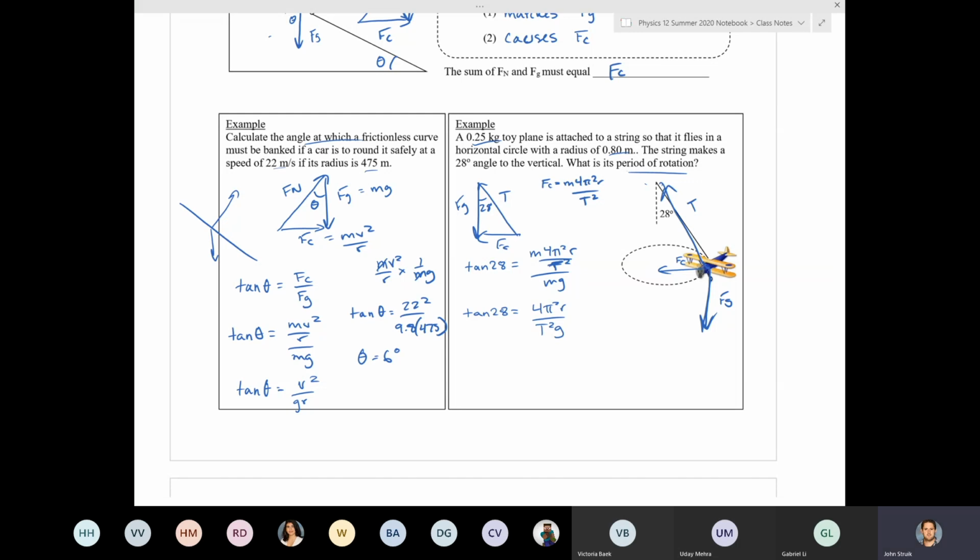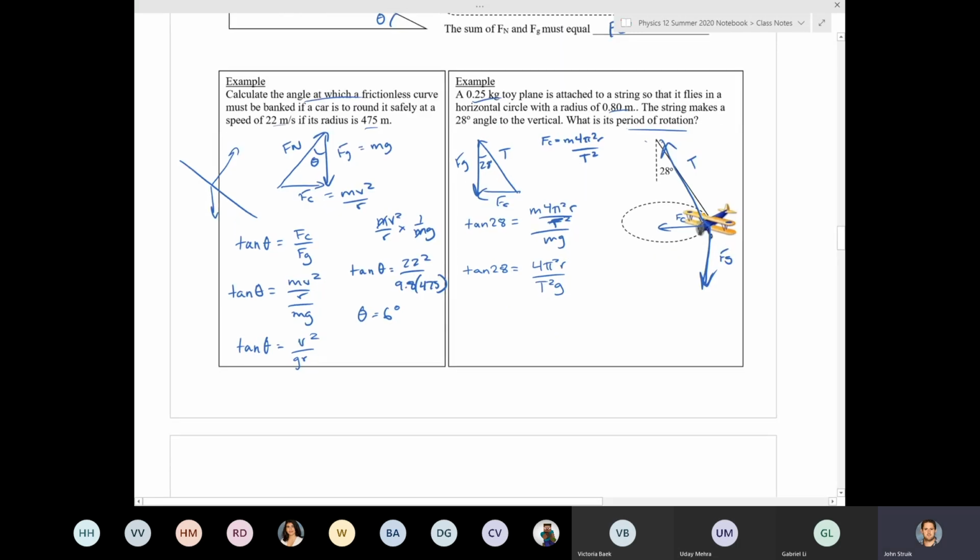I think that's the easiest way to do it. And then we need to find our t, so we're going to cross multiply. So t equals 4 pi squared r over g times tan 28, and then square root that whole thing.